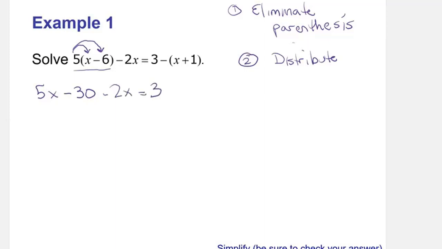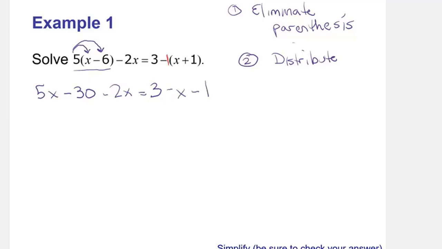And now we have this minus in front of the parentheses. You could really look at it as there's a minus 1 in front, and we're going to distribute that. A negative 1 times x would be negative x. And negative 1 times positive 1 is negative 1.